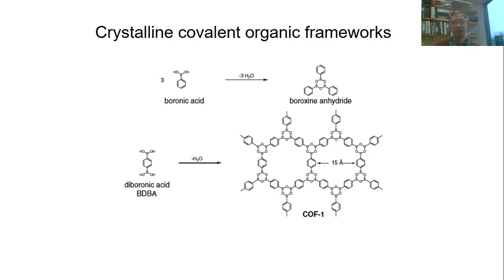And therefore it is much more difficult to produce crystalline porous frameworks that are interconnected by regular covalent bonds, or at least it was believed so until the first crystalline covalent organic frameworks were discovered in the year 2005.